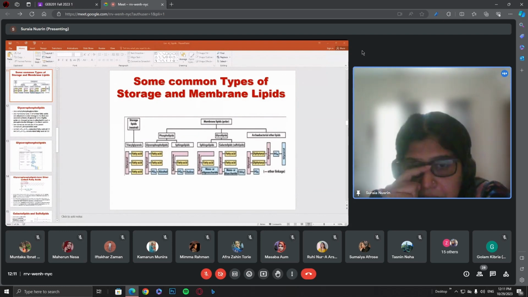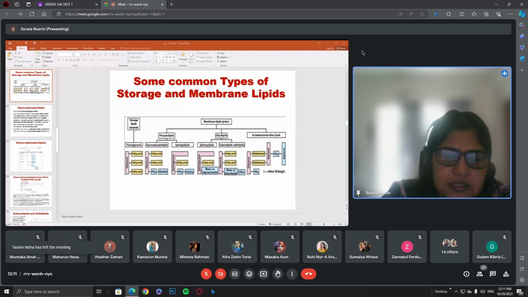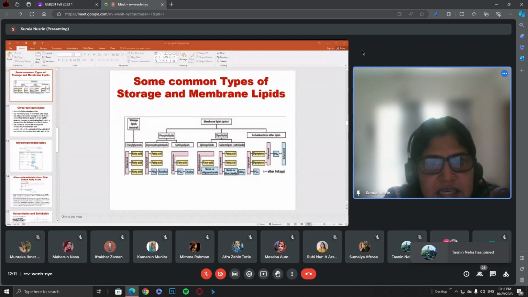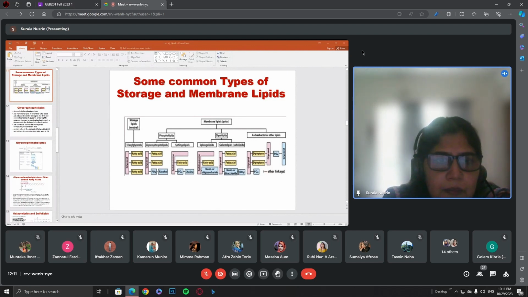Glycerophospholipids, sometimes, that means the structure we just learned, sometimes there is another bond, other than the ester bond. If you look at the structure, in the previous one we have seen the 2 fatty acids linked to the glycerol by ester linkage, but in this case you can see one of the fatty acids is linked to the glycerol's number 1 carbon by ether linkage.